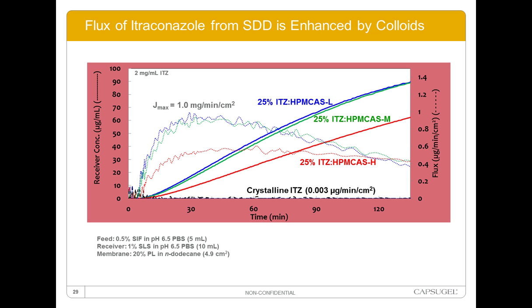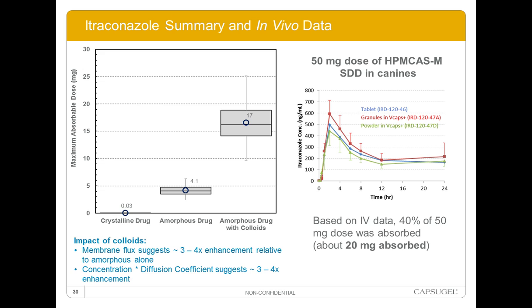And what we see is that the flux is about 2 times higher for those more hydrophilic grades of HPMCAS than for HPMCAS-H. And that's telling us that the colloids that are forming are playing a role in this membrane test by shuttling drug across that unstirred water layer, and/or by increasing the dissolution rate to provide a higher concentration of free drug at the membrane.